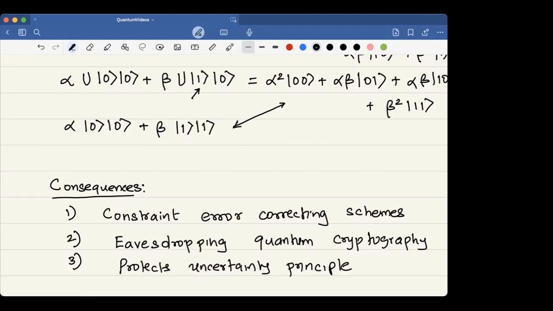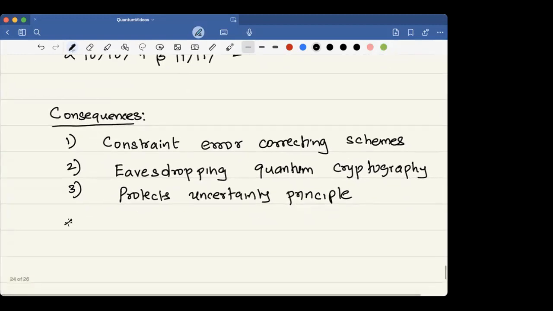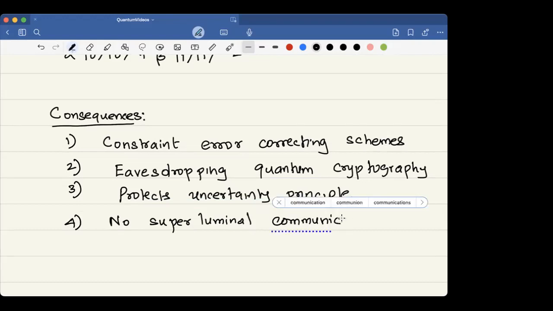And finally, as I mentioned, the no cloning theorem was in response to a scheme of superluminal communication. So, no superluminal communication by cloning.